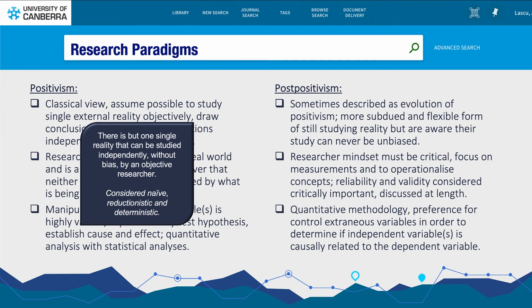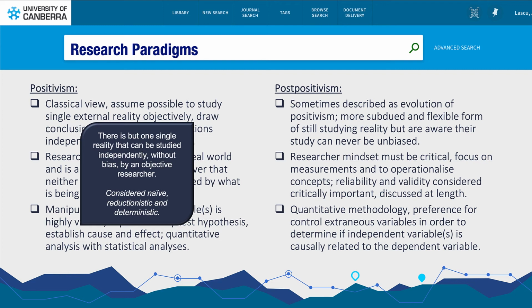Post-positivism is sometimes described as an evolution of positivism. It's more subdued and flexible, still studying reality, but aware that their study can never be unbiased. The researcher's mindset has to be critical. It focuses on measurements and operationalizing concepts. Reliability and validity are considered critically important and are often discussed at length in papers.